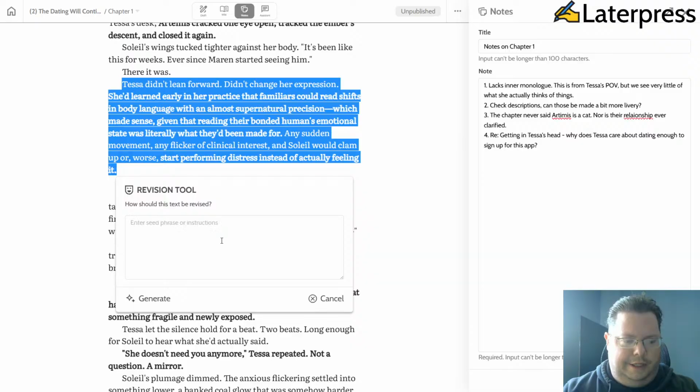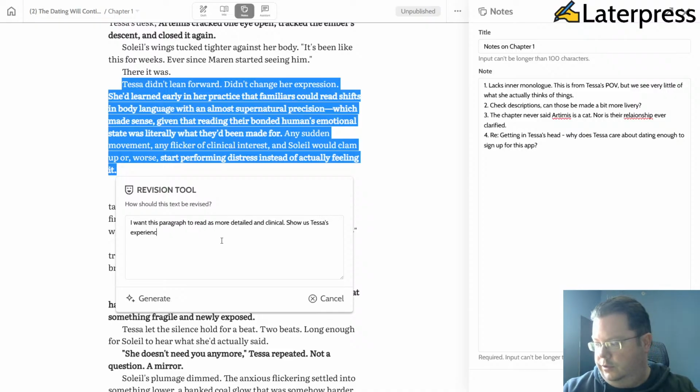Oh, I accidentally hit the caps button. I want this paragraph to read as more detailed and clinical. Show us Tessa's experience with familiars.